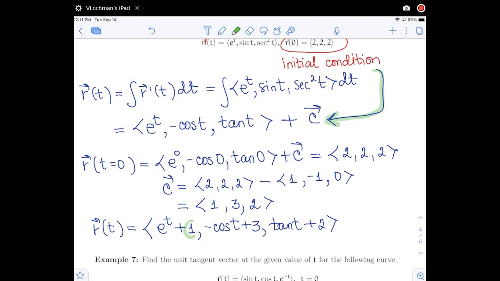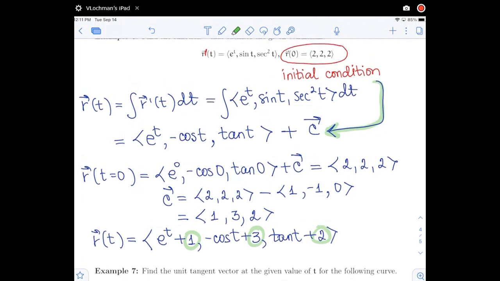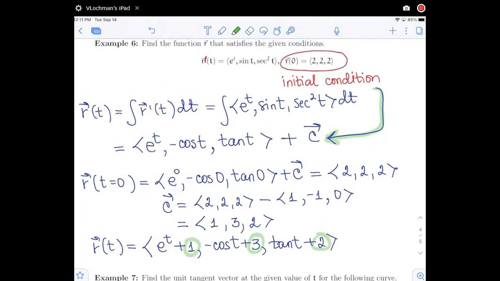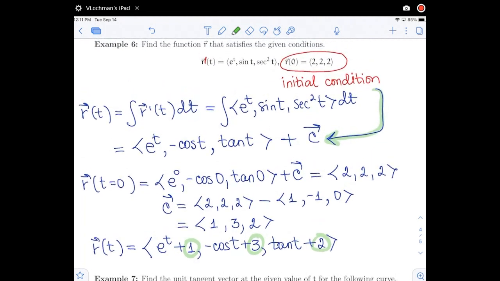So here, notice where my vector is. You can either put it in these components or you can just keep it outside. It doesn't matter. It's all the same. Okay, so let's take a look at this solution. This is our initial value problem. Take a look at it. Let me know if there's anything you'd like to discuss.